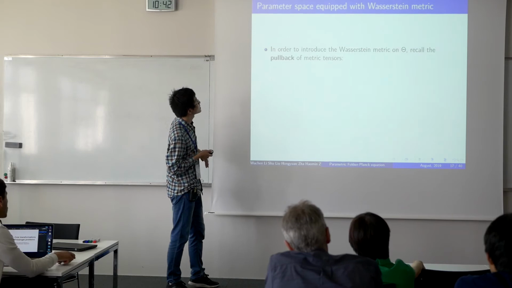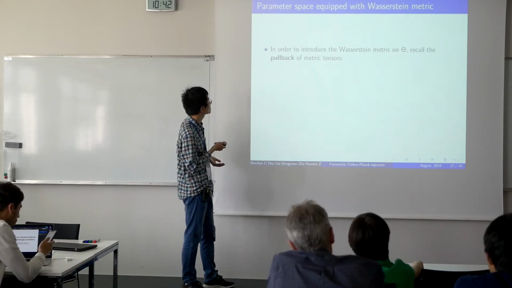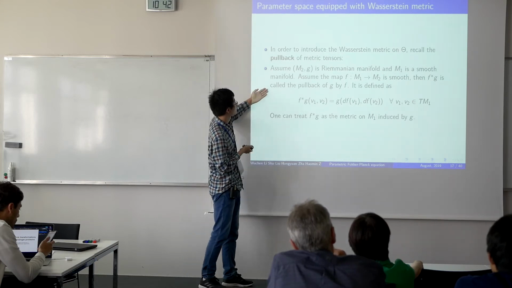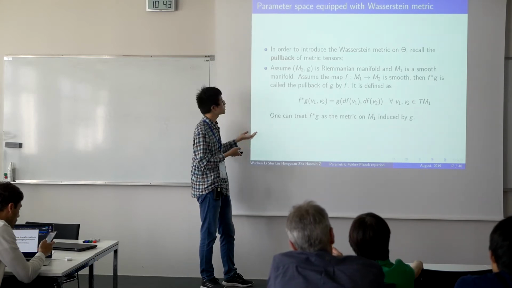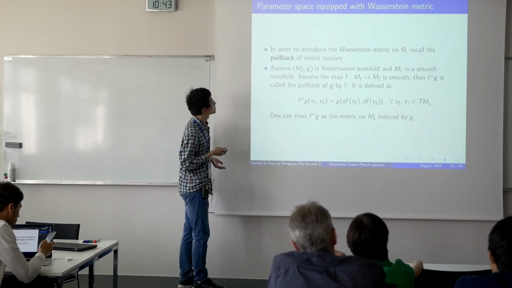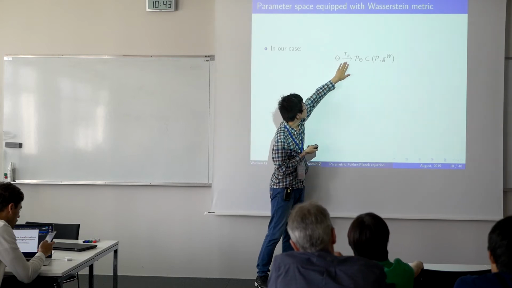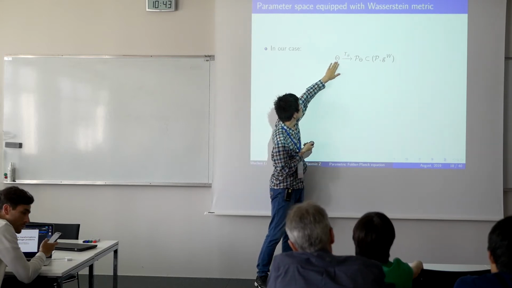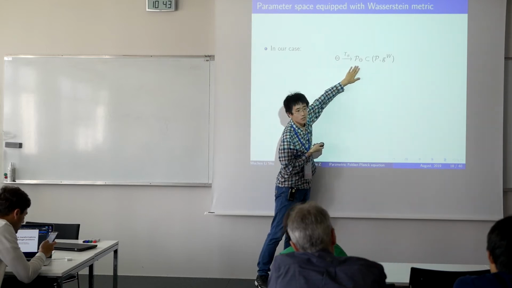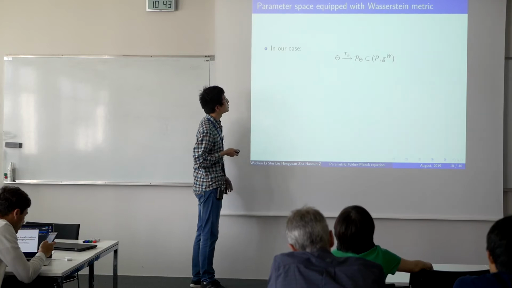And then I will say something about how to pull back the Wasserstein metric onto the parameter space. We are going to use the well-known operation, pullback, in manifold theory. So here's our situation. We have the parameter space. We use the push-forward map to map a theta to rho theta, which is an element in the Wasserstein manifold.